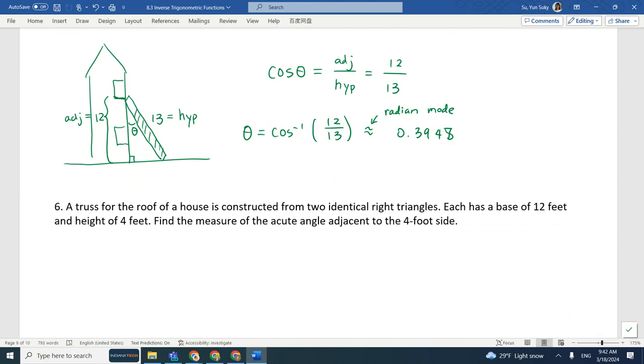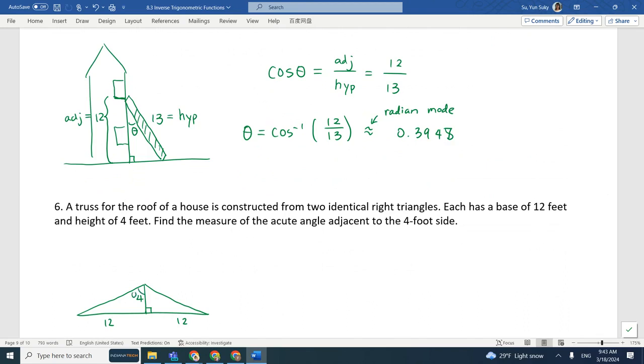Find the measure of the acute angle adjacent to the 4 foot side. Okay, we draw a picture. So we have this, and we know this is 4, and then this is 12, and this is also 12. And then we have these triangles. They're identical.